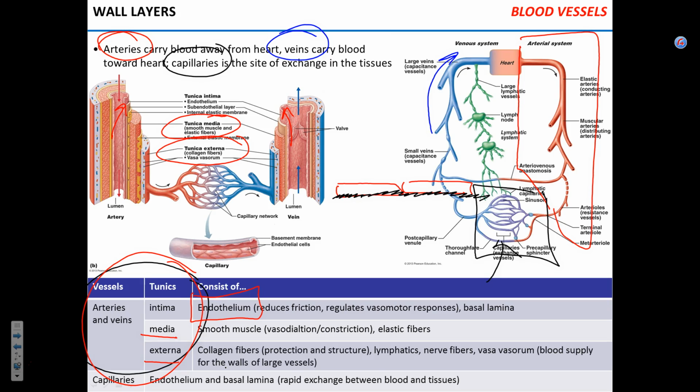You can kind of see here that the inside surface of the vessel is covered with that simple squamous epithelium. The reason we call it endothelial cells is because those cells are slightly different from regular simple squamous cells. They have a lot of functions.